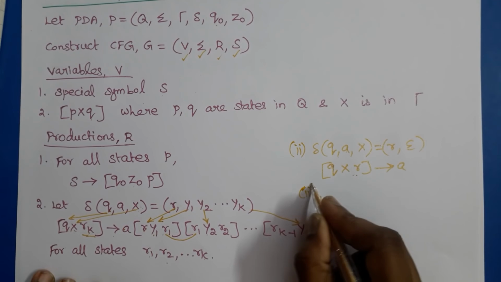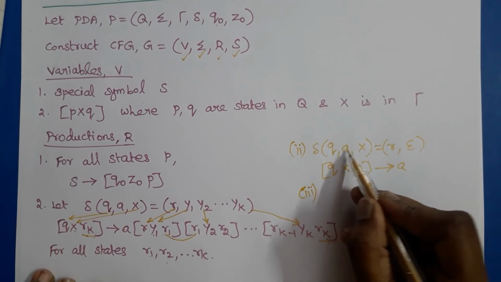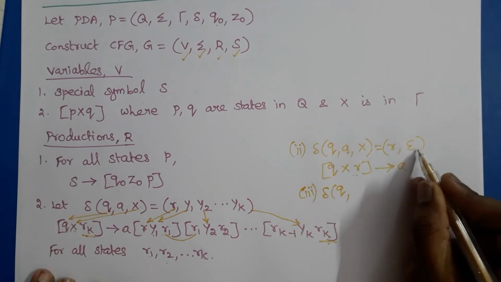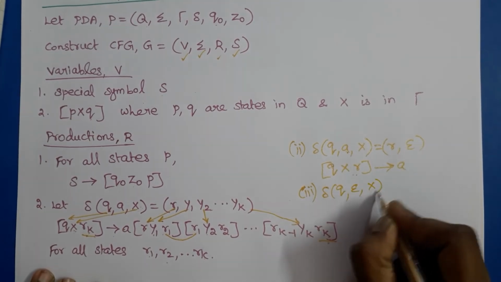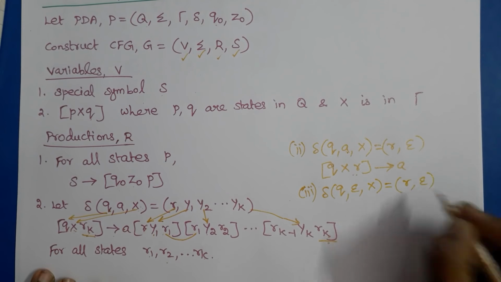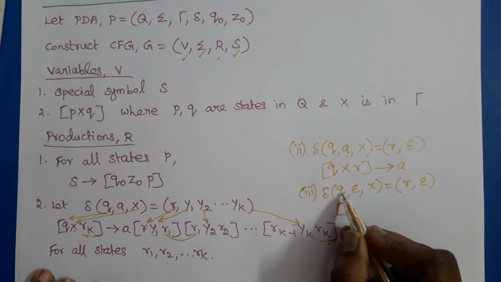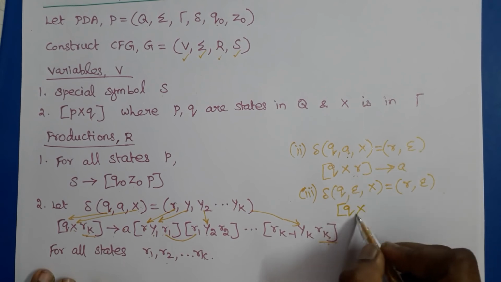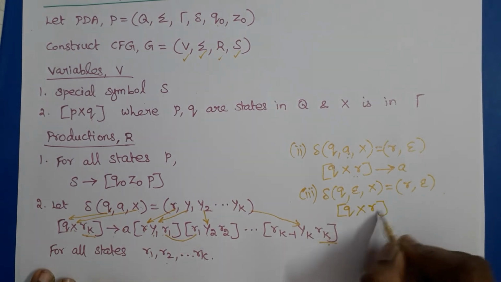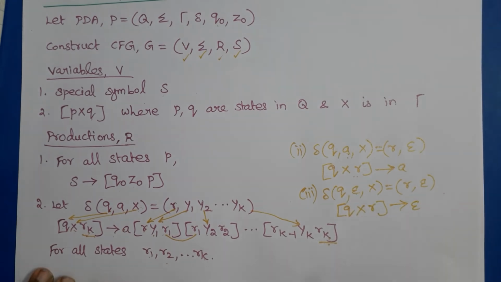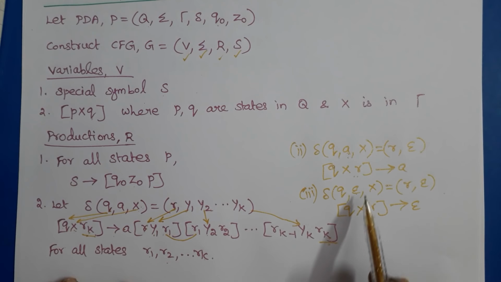The third form is where this A may also be epsilon. So delta of epsilon, X equal to R, epsilon. So here and here both may be epsilon. In this case we have to write [Q, X, R] implies epsilon. So these are the three possible combinations.